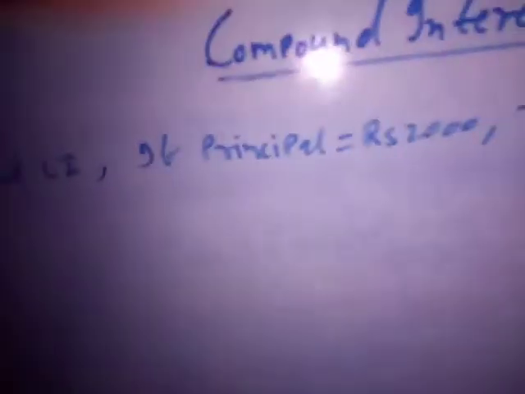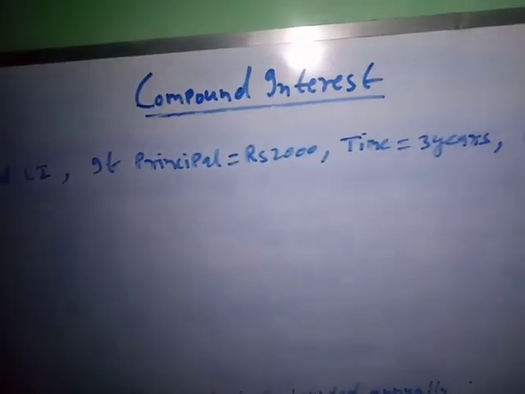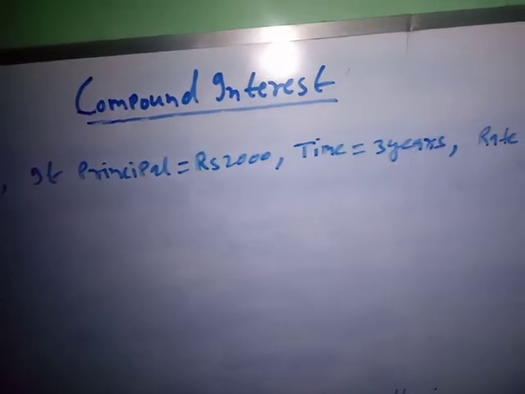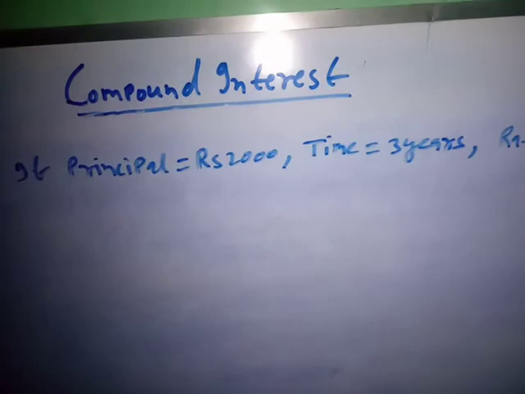See the question. Find CI when principal is 2000, time is 3 years, and rate is 10%.